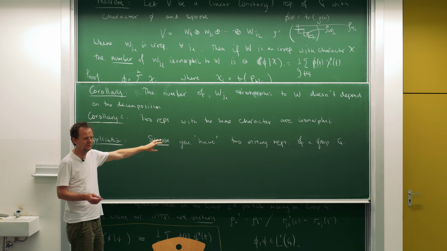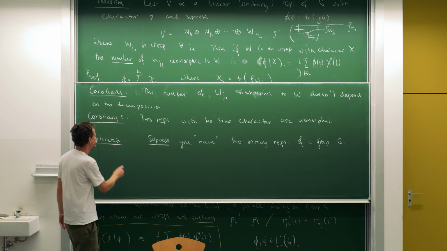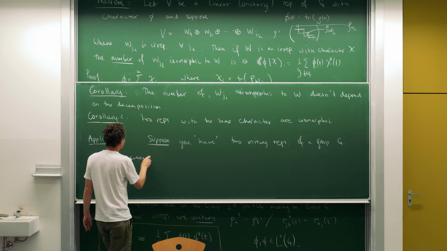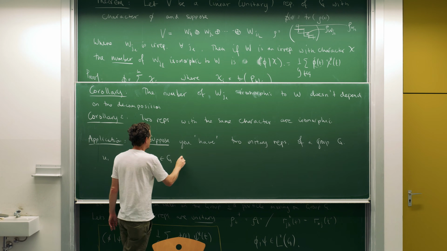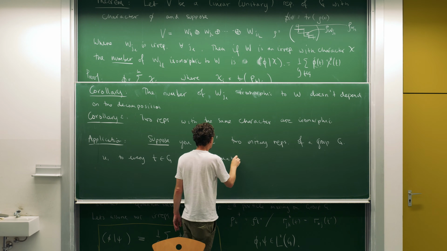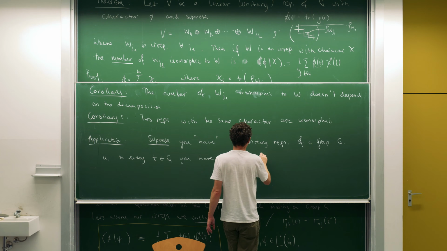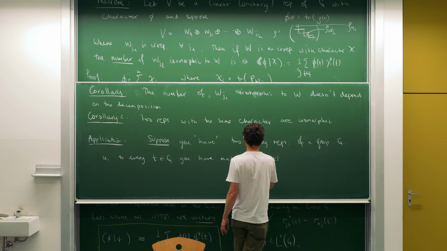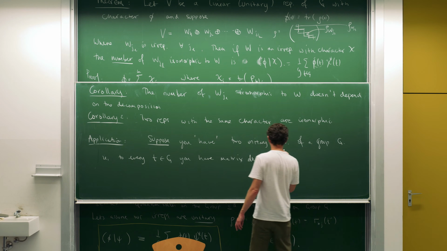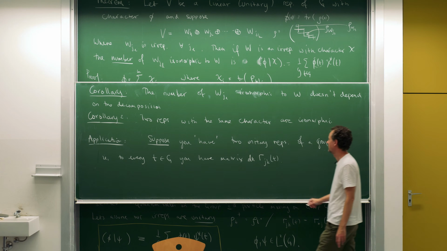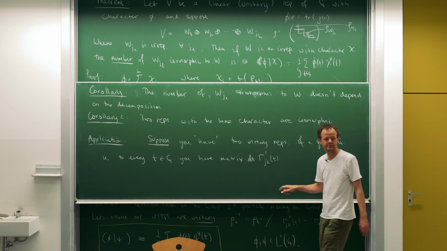What does it mean to have? It means someone gave you the matrices, right? So to every element of the group, you have the matrix elements.